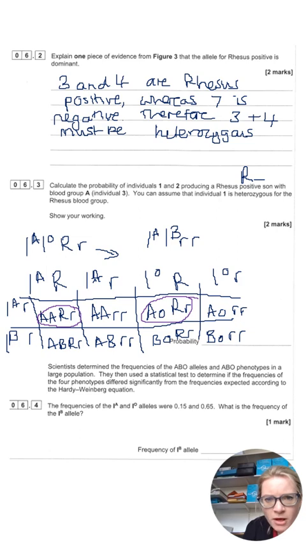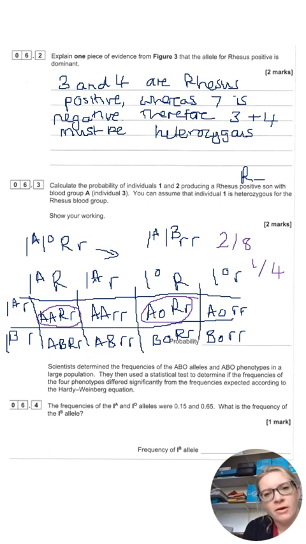Any more? That's AB, B. So we've got 2 out of 8 is the proportion. So we'd simplify that to 1/4.